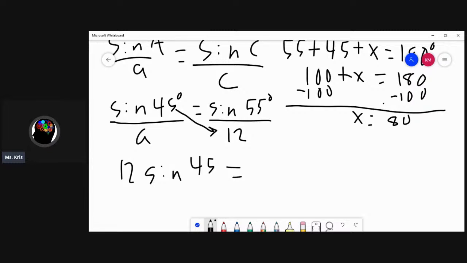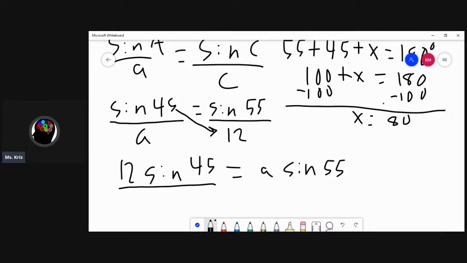And that equals A sine 55 degrees. Now, you don't always have to put the degree sign. You can just simply put 45 and 55. It is understood that we are measuring based off of degrees.